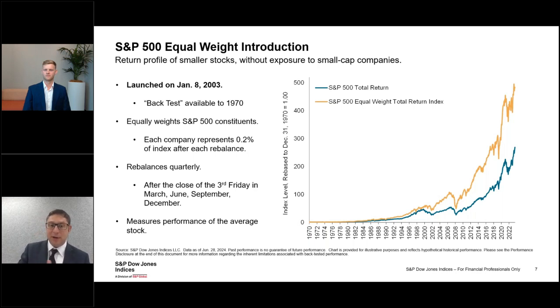The S&P 500 equal weight is a relatively simple, but different index. It is the same 500 companies, but rather than weighting so that there's more money in the larger stocks, it weights all of them equally. It's a newer index. The equal weight index was launched in January of 2003.